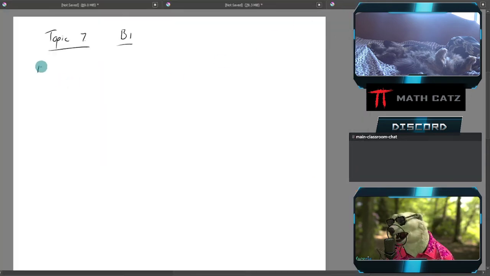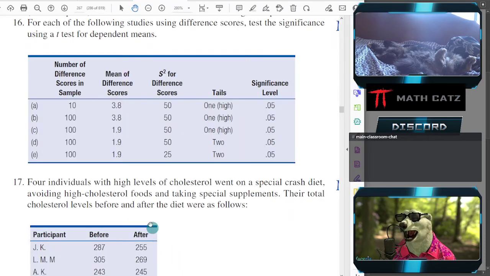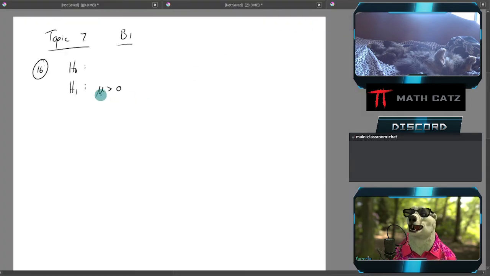So let's just set this up with our familiar hypothesis testing steps. We have our null hypothesis, we have our research hypothesis, and in this case we're testing if there is a mean difference between before and after.